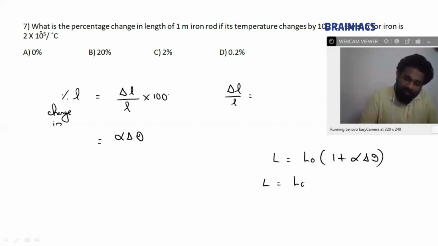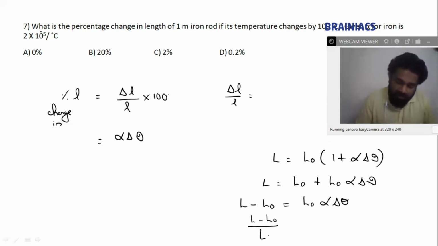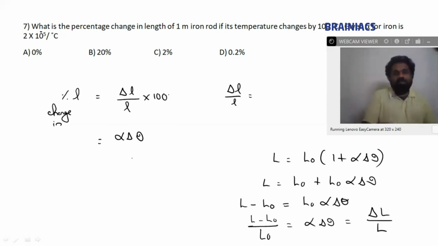So L is equal to L naught plus L naught alpha delta theta. So L minus L naught is equal to L naught alpha delta theta. The change in length means L naught alpha delta theta. For thermal strain, L minus L naught by L naught is alpha delta theta. This is nothing but change in length by original length. So alpha delta theta into 100 will give us the percentage change in length.